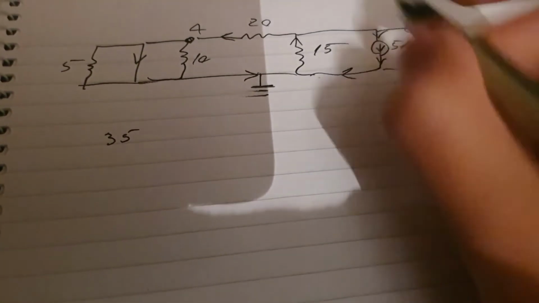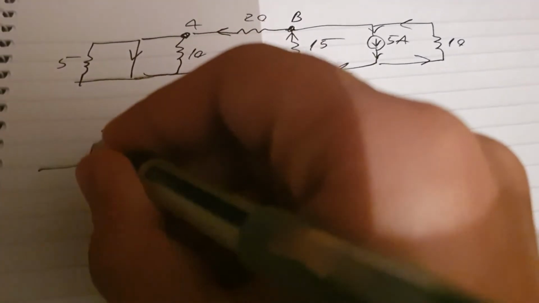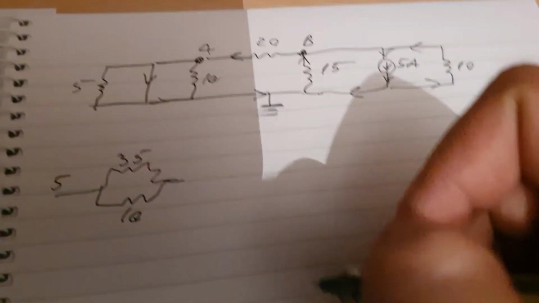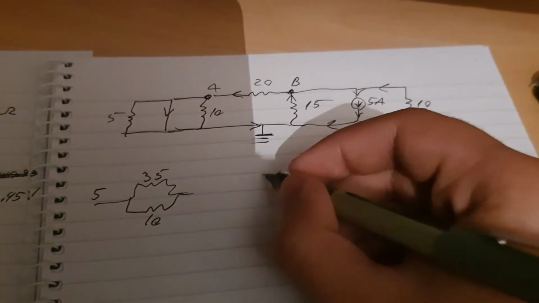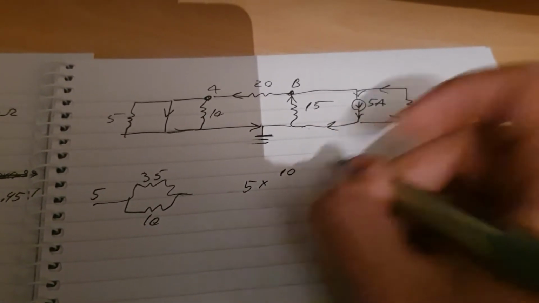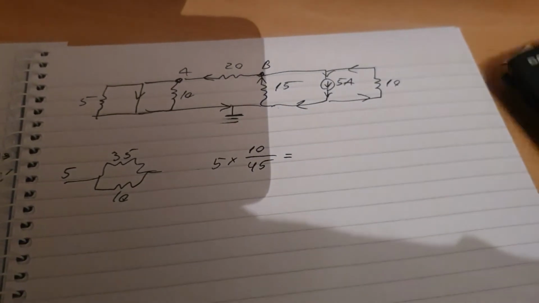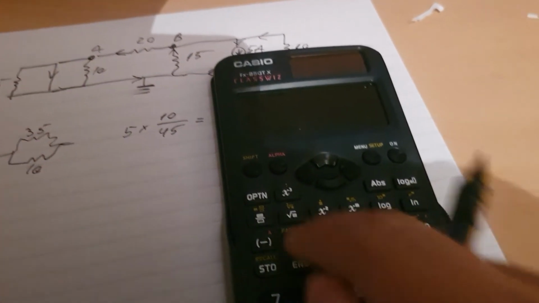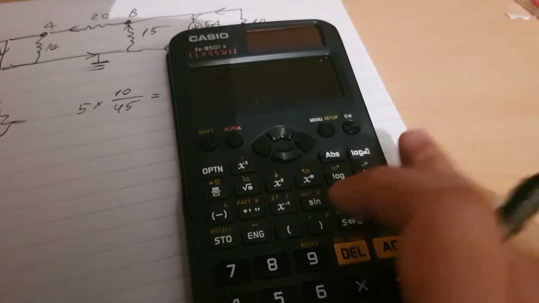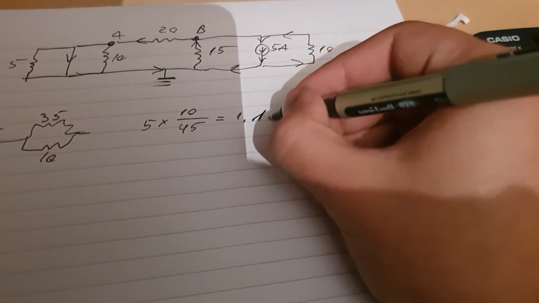and then this is going to be as well, and then this one will be the 10, so 35, and then there will be the 10, and the 5 are coming in. Okay, so it will be 5 times 10 over 45, and that is equal with 1.1 amps.